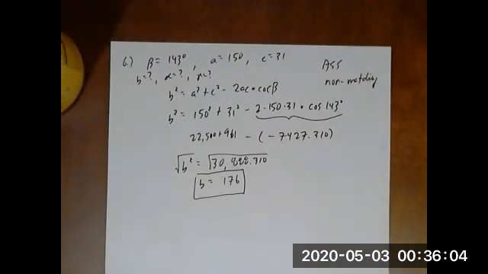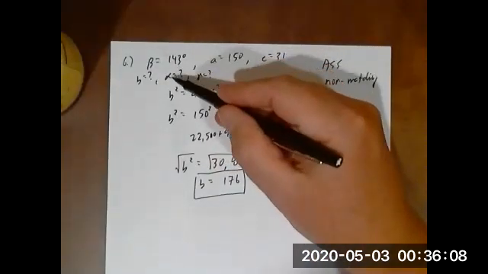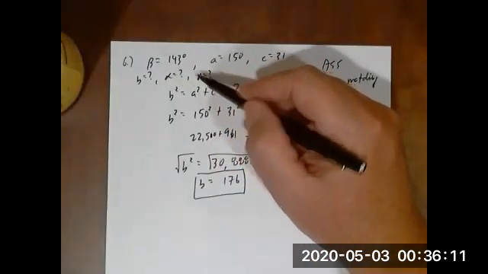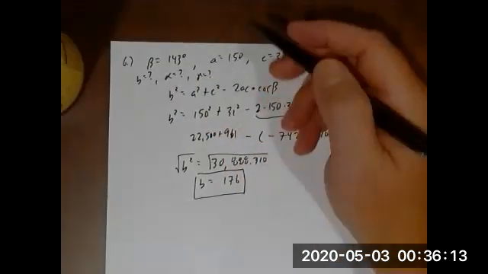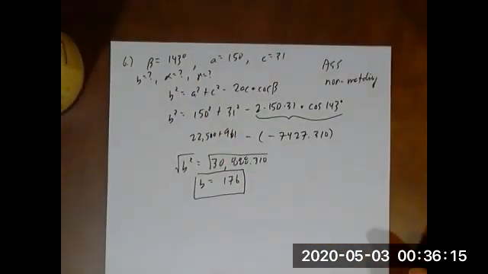So now I need to find angle alpha and angle gamma. Some of you might choose to do law of sines, but if you do law of sines, you don't have a choice of which angle to find next.